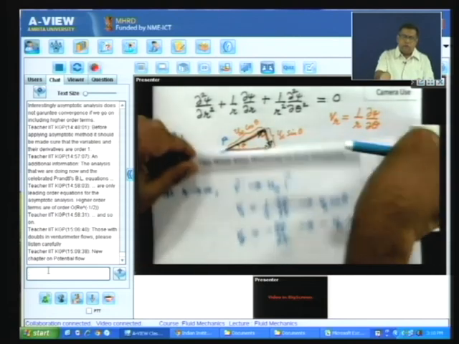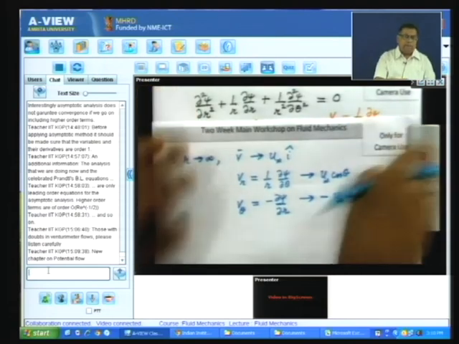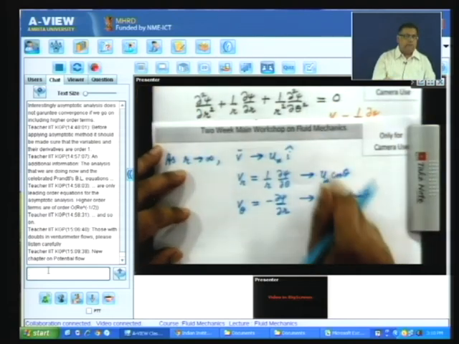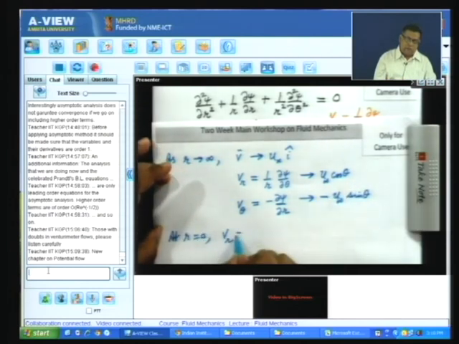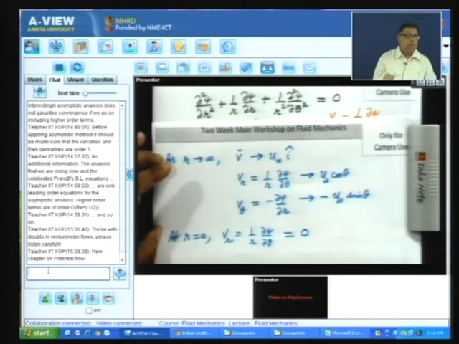So, we will have to solve this Laplace equation subject to these conditions at infinity, and of course, at r equal to a, your V r, which is 1 by r del psi del theta, must be equal to 0. This is the no penetration boundary condition.